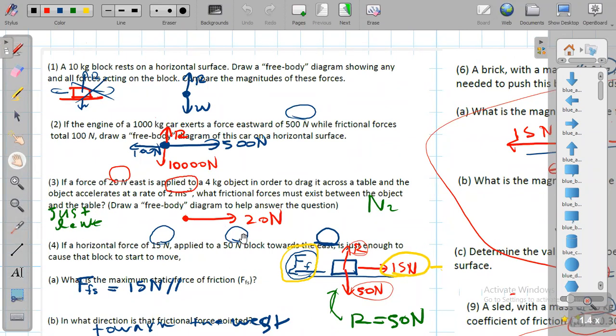Now let's try. A force of 20 Newton acts on a 4 kg object in order to drag it across a table. The object accelerates at 2 m s^-2. What is the frictional force that must exist between the object and the table?